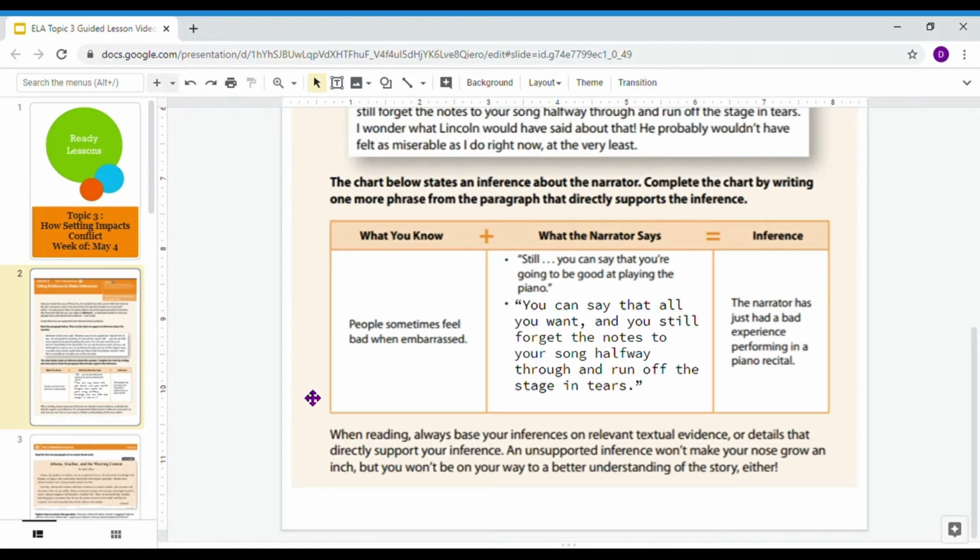So what they're reminding at the bottom is, and I tell you guys this often, especially when we're summarizing, that there are some details in stories that are much more important than others. So when you are coming up with an inference, make sure that you are using relevant text details.